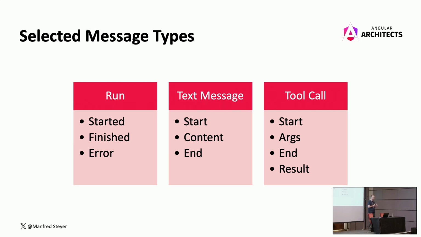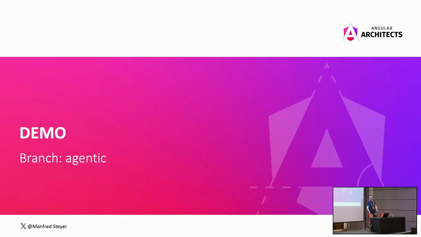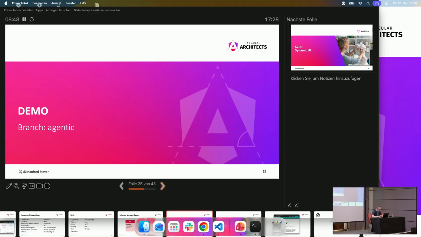So the word tool calling is taken really literally here. It's just about the call, and when the call has been executed, the real tool will be triggered. And once the real tool is triggered, we get back the result of this tool. So let's have a look into this AGUI protocol and how it works in our very use case.